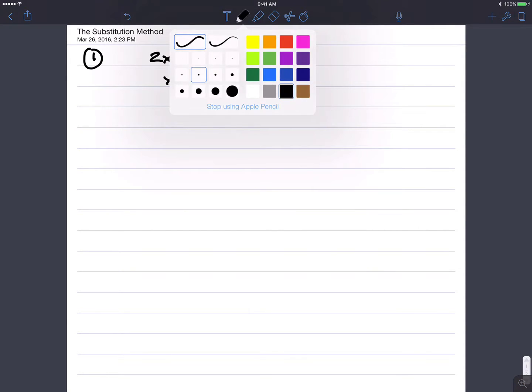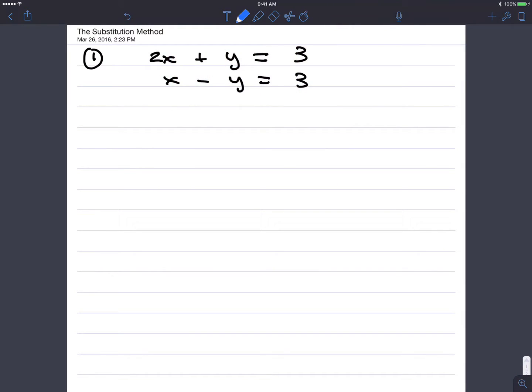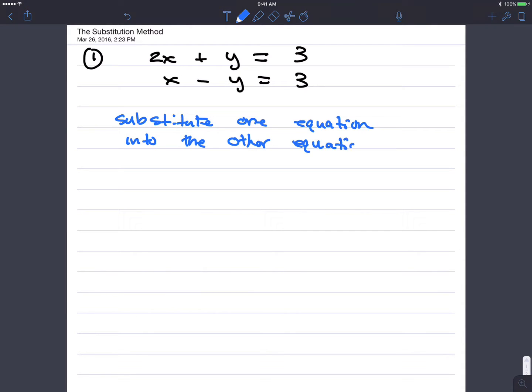What I typically tell students is you're going to substitute one equation into the other equation via a variable, either x or y.